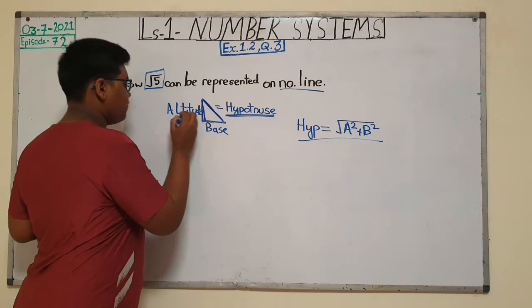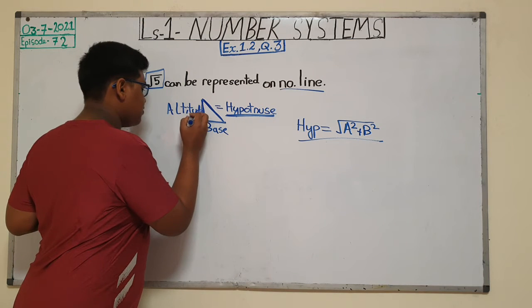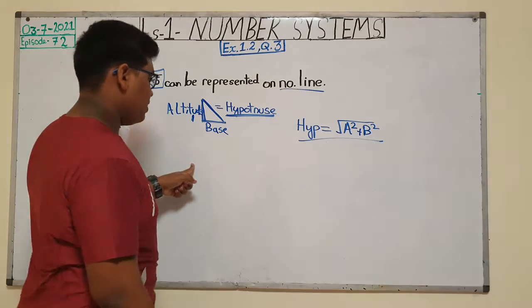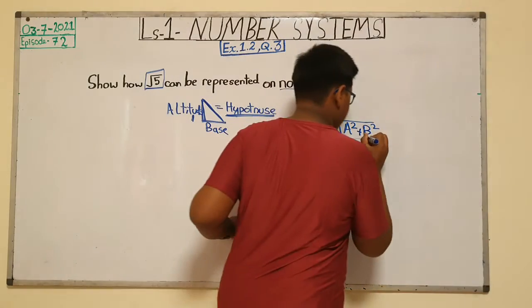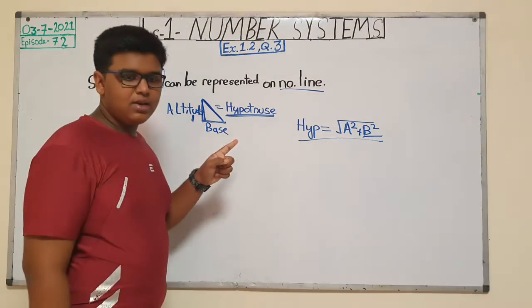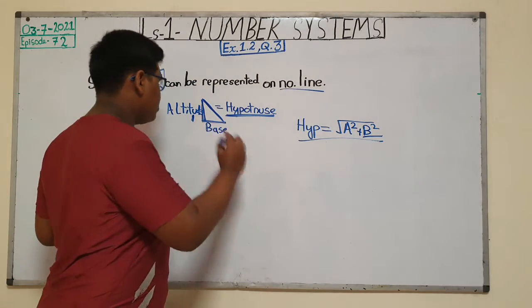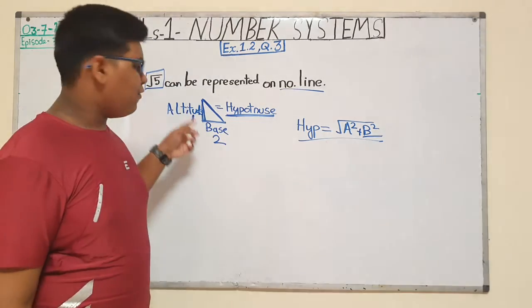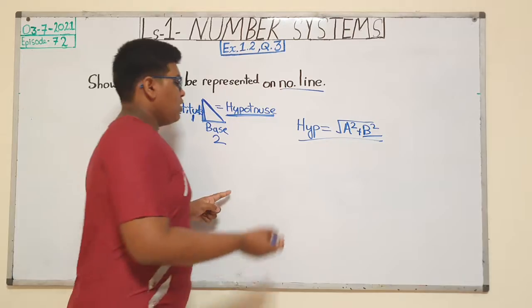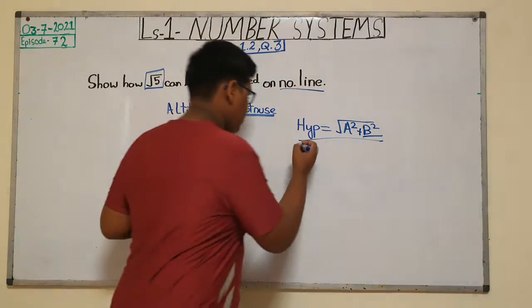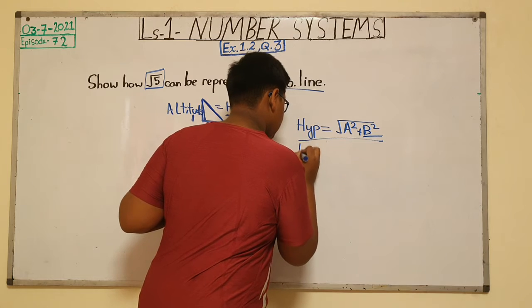Here we have the altitude, and let's take the altitude as 1. Then for the base, let's take the base as 2. Now let's write the next step.